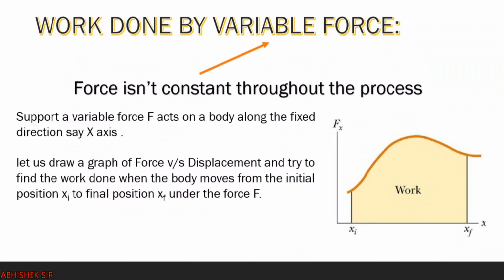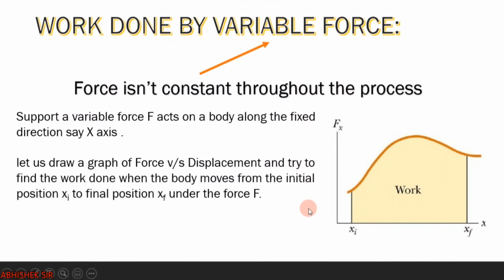You see, on the y-axis we have Fx and it changes in its values. Initially the force was this much, then it gradually keeps on increasing and decreasing. That shows that the force is variable, changing. Initial position is xi and final position is xf.